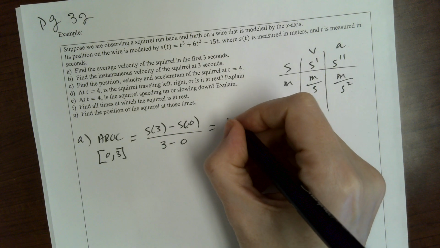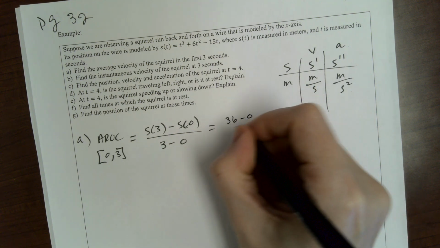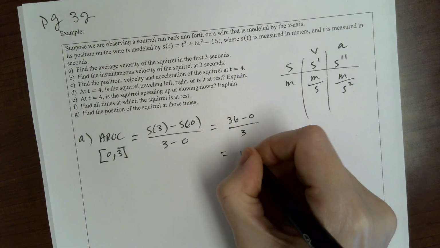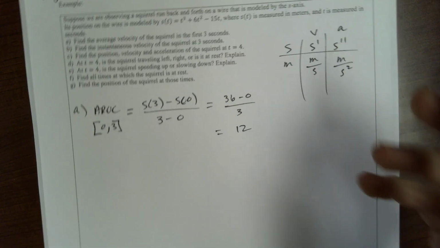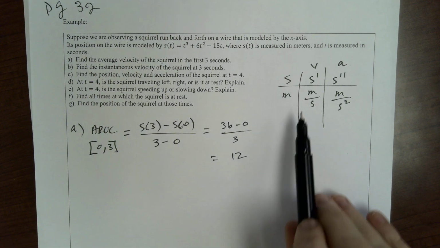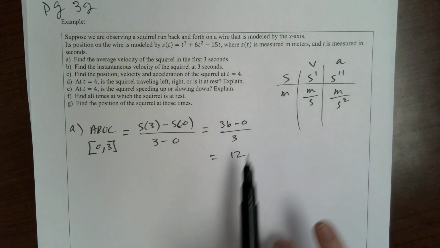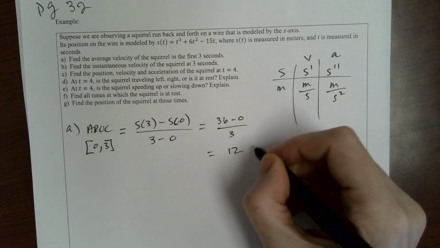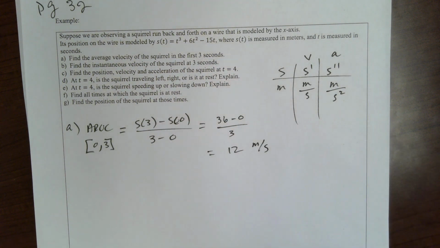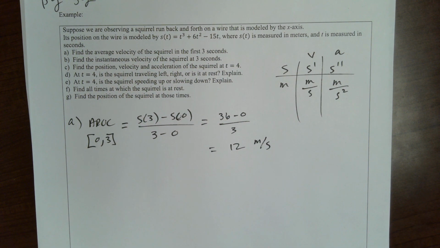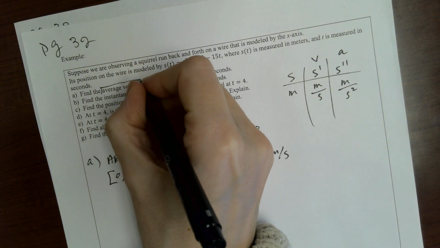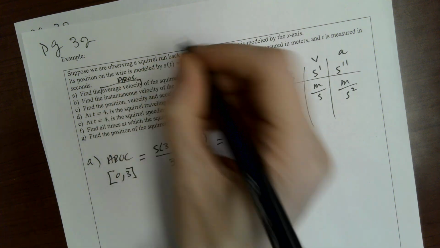So 36 minus 0 over 3, which is 12. We didn't take the derivative, S prime is not involved in any way here, but this is an average rate of change, so meters per second is the units. That's the average velocity. For your notes, guys, average velocity is AROC.